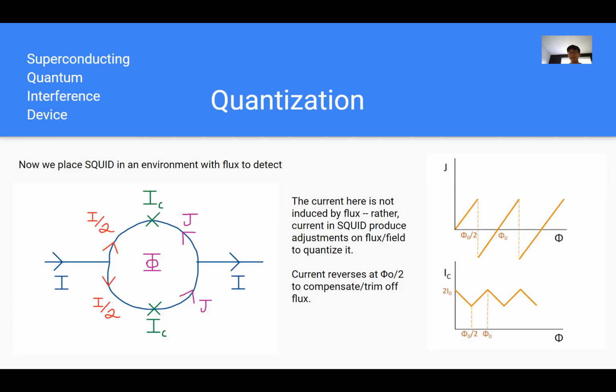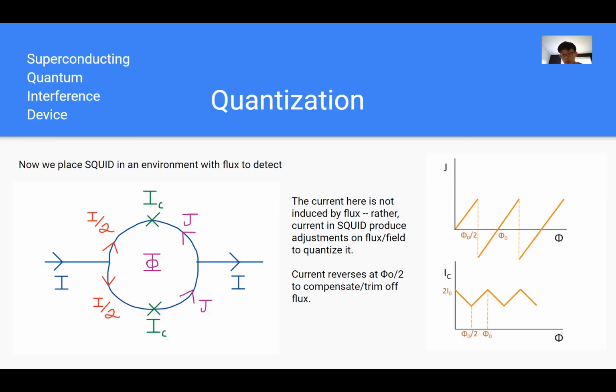So in this case, it'll give a positive flux to add on to basically round it up to the upper integer. And if it's smaller than half the quantum value, it will produce a negative flux to basically trim off.